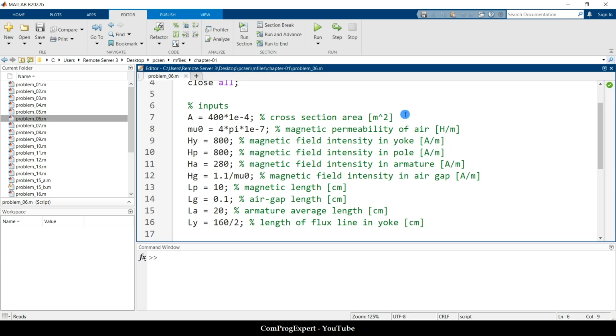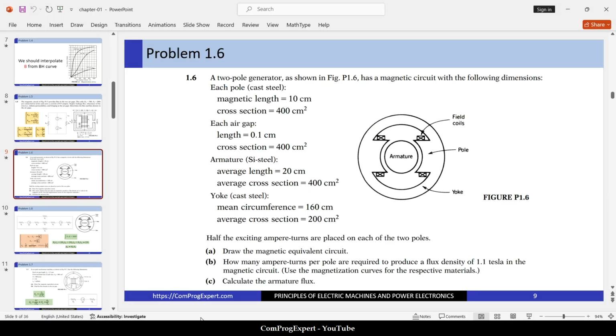So here you can see the code for problem 6, and I consider these inputs. This is the cross section area, 400 centimeter square. I considered this unit, so I multiplied it by 1e minus 4. This is the permeability of air, and this is the magnetic field intensity in yoke and pole, 800, and for the armature, 280.